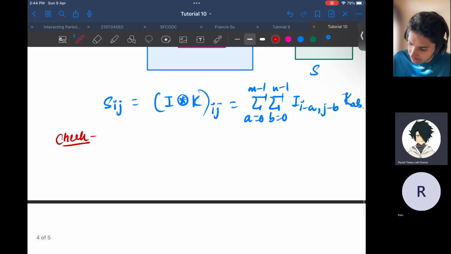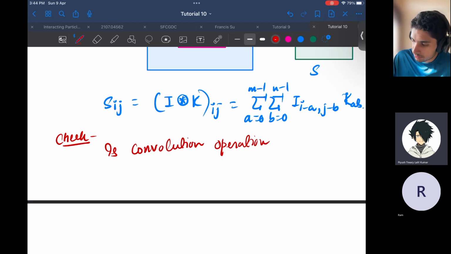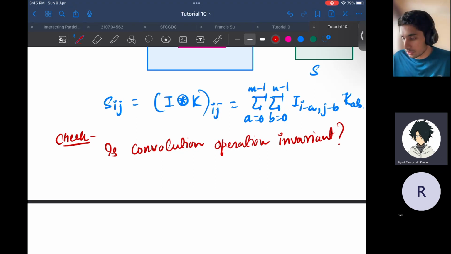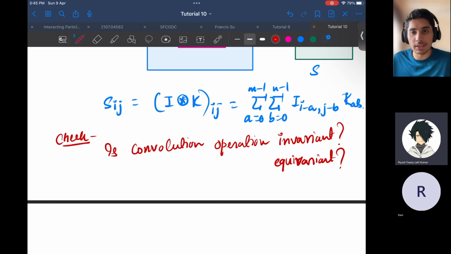Just check whether the convolution operation is invariant, and also look if it is equivariant. I have already told you the answer. Nonetheless, maybe if you go and look it up, you will get a better answer to what I was trying to tell you.